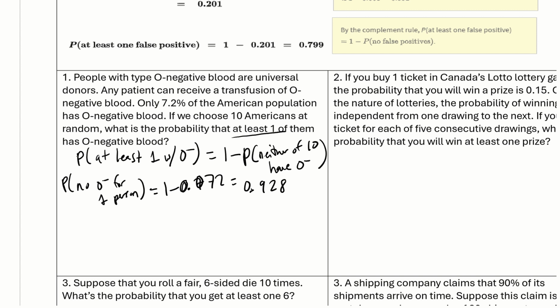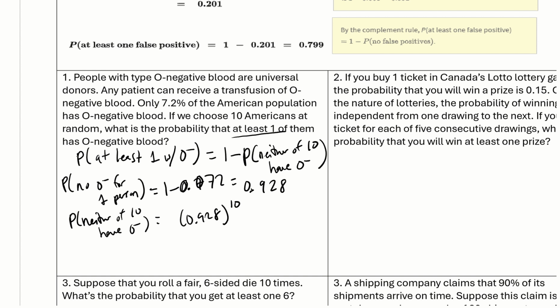So if you want to do this for 10 people, then you're going to do 0.928. So the probability no O negative for 10 people. All right, so that means neither of them have O negative. I can say that. The probability neither of 10 have O negative is 0.928 to the 10th power.